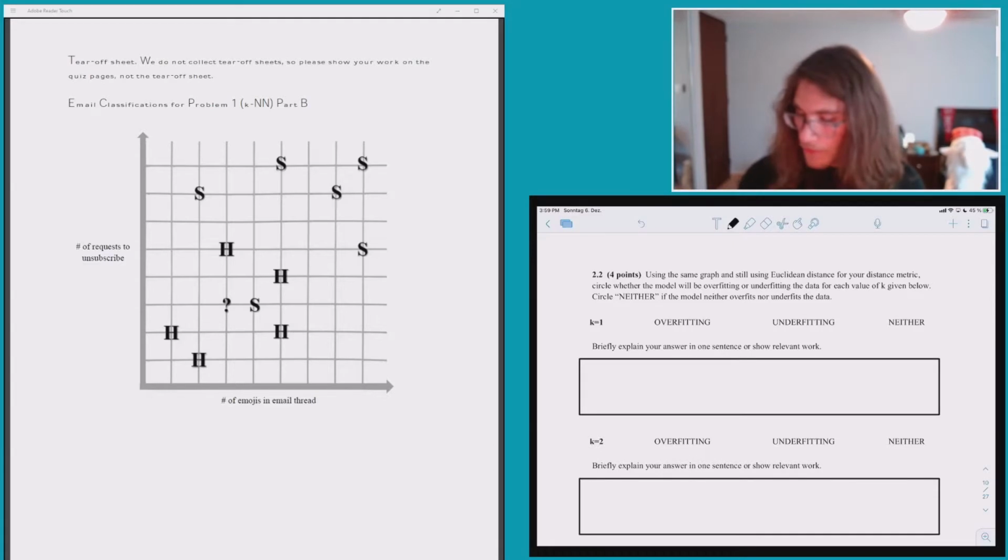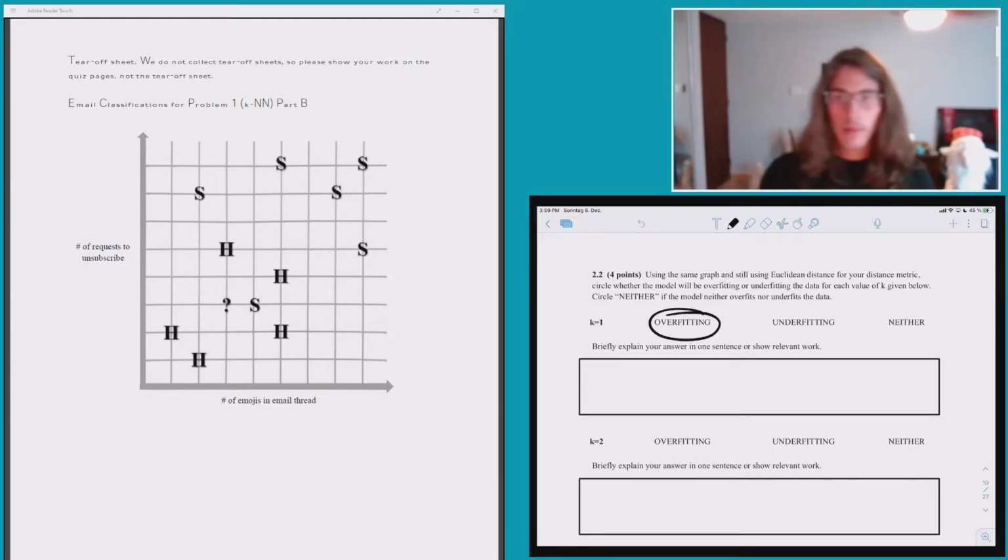K equals 1 is overfitting in its clearest expression because the mystery point in this case is very clearly in an area where, just staring at it, you would think, oh, a point that falls in there is an H. Yet, because there's an outlier right in the midst of those H's, the new point was considered an S. So in this case the algorithm is sensitive to outliers.